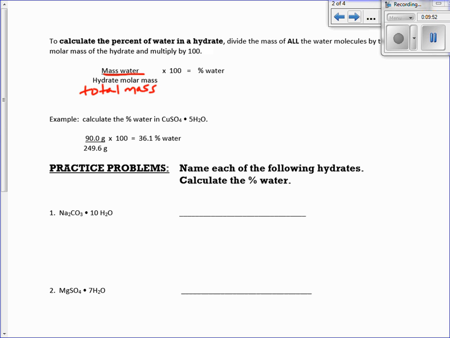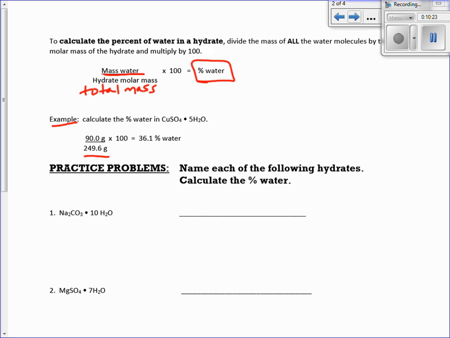Mass of the water divided by the total mass times 100 will give you your percent of water. Now, the example listed here: 90 grams of water in copper 2 sulfate pentahydrate divided by the entire mass, which happens to be 249.6 grams, times 100 gave you 36.1% water. So go to the tenths for your percentages.